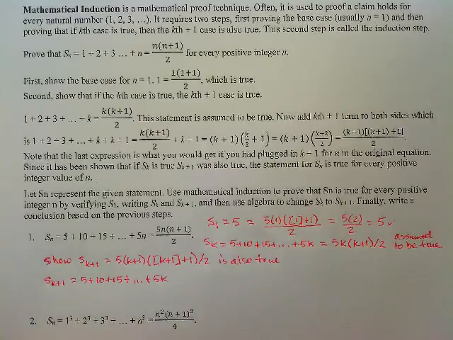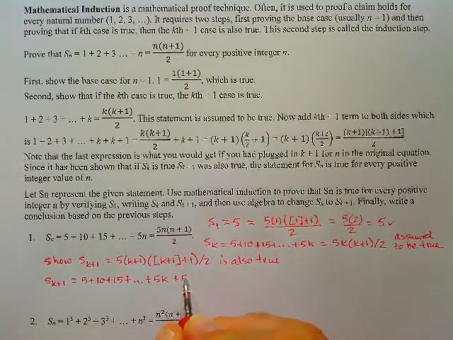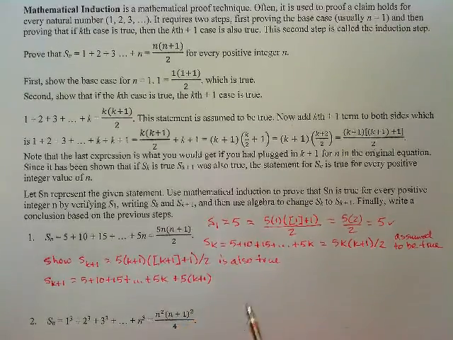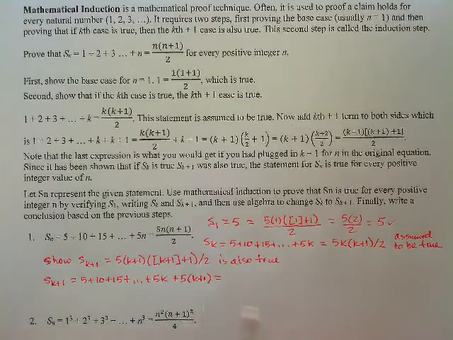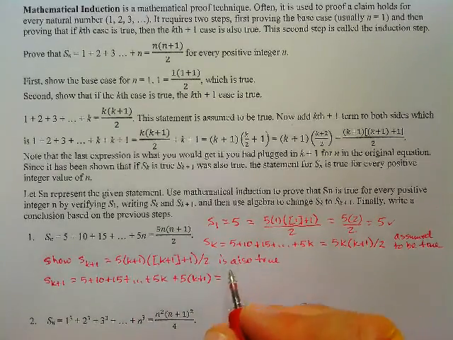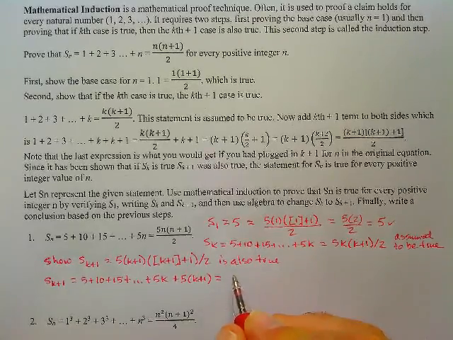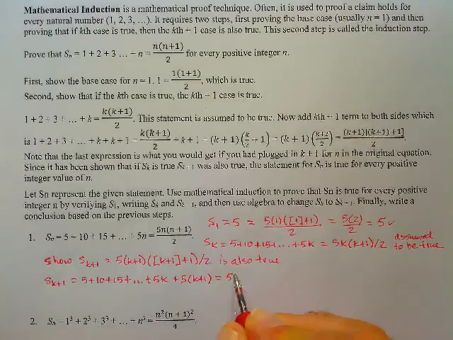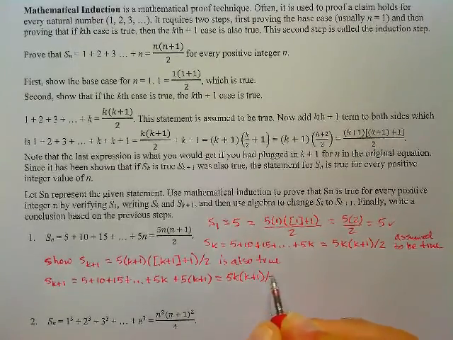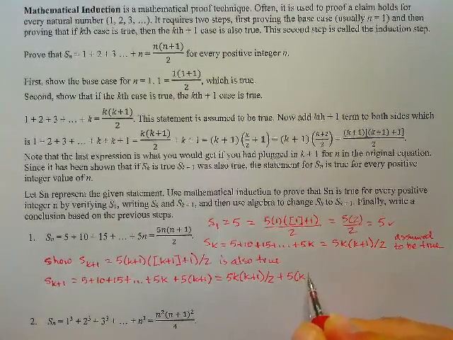Still have what I had before, but now we're going to add the 5k plus 1, and of course that's got to equal what was on the other side here, which is 5k times k plus 1 over 2 plus 5k plus 1.